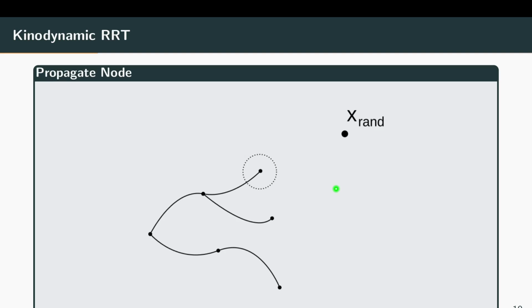And then the new thing is this propagation, and we said it's guided Monte Carlo. What that means is that we first sample some control and some time. And let's say in this case, we ended up somewhere here. And then we repeat the same procedure. We again start at that near state. We sample something else.